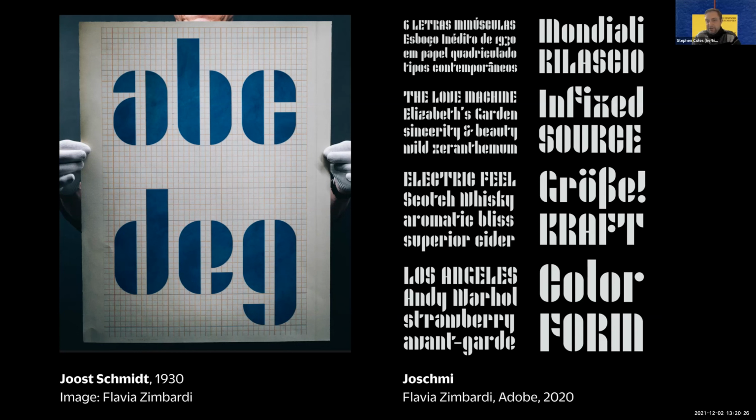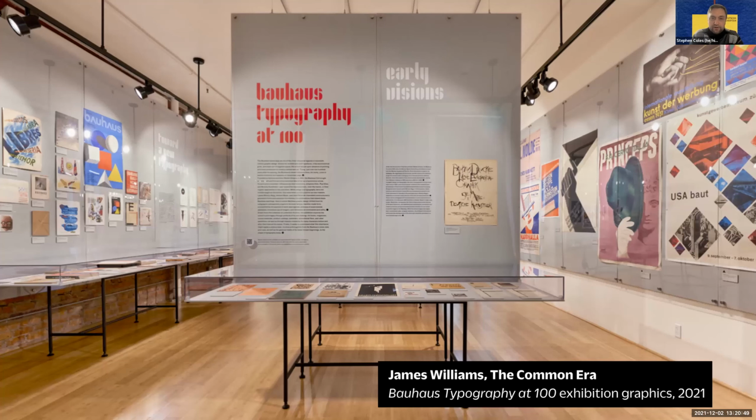And she took these very basic letters, similar to the ones we saw before from Albers, in these stencil elements, and made a very flexible and beautiful typeface for Adobe series, which has a bunch of other typefaces inspired by the Bauhaus. And we're using Yoshmi for the graphics in the show.